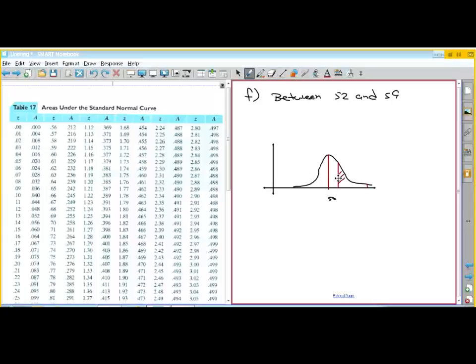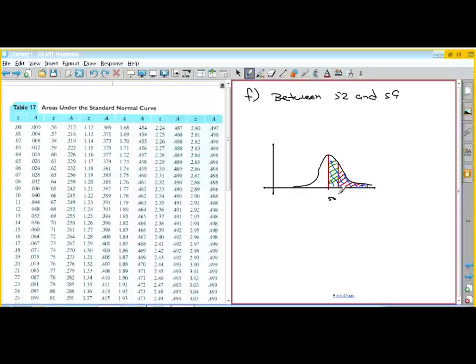So what we're looking for is the area underneath the curve between those two values. Again, we can't find it directly from here to here. We have to find the blue area, which is going to be from 50 all the way up to 59. And then we'll subtract the green area, which is from 50 to 52.